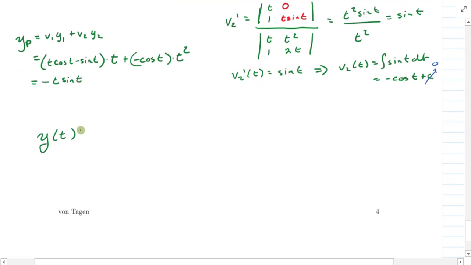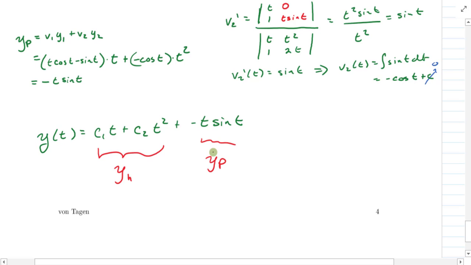So our y of t is equal to c1t plus c2t squared plus negative t sine of t. And this was the solution to the corresponding homogeneous equation, and this was our particular solution.